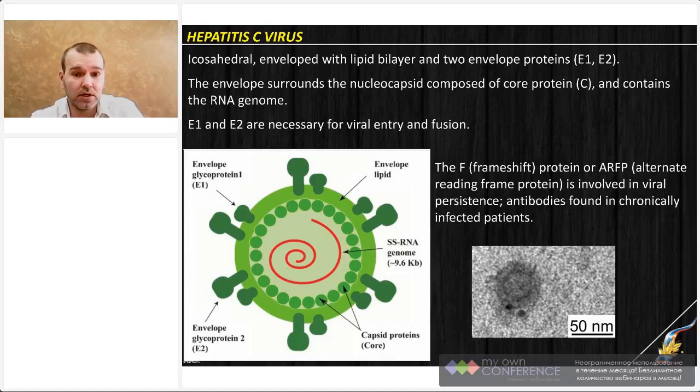So both envelope proteins E1 and E2 are essential for infection and fusion with the host cell. As well, the F protein, a frameshift protein, is described. It is involved in persistence of the virus in host tissues. And usually antibodies against that F protein are identified in people who have chronic infection with hepatitis C virus.